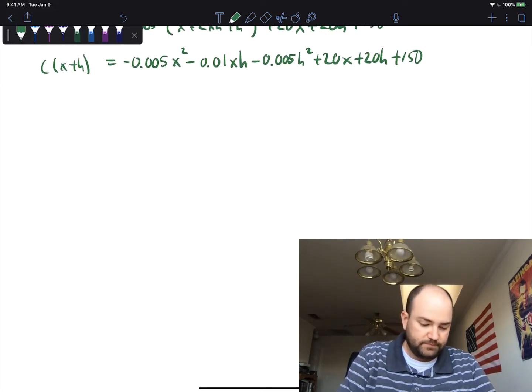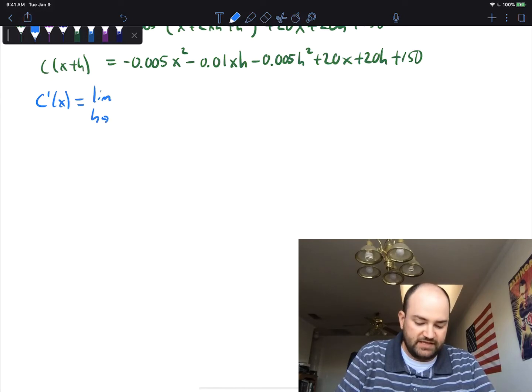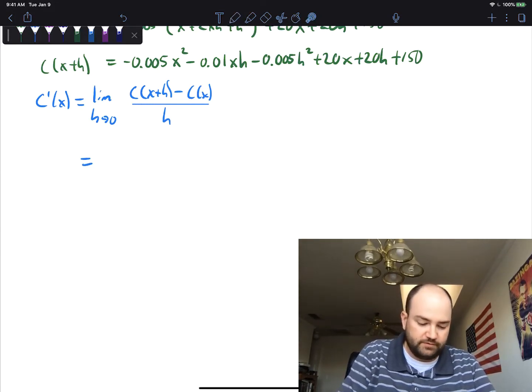Now, to find C prime of x, that's going to be the limit as h goes to 0 of C of x plus h minus C of x, and then all over h. So we're going to replace C of x plus h with all of that right there.